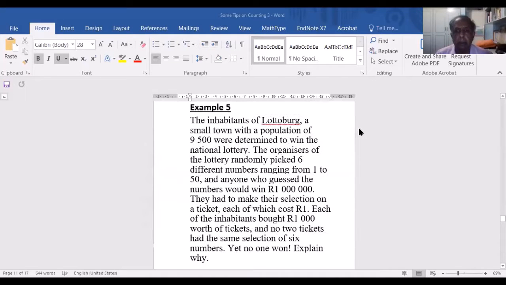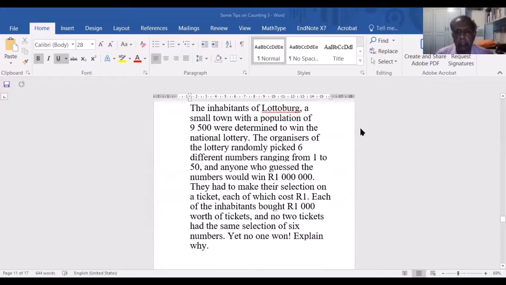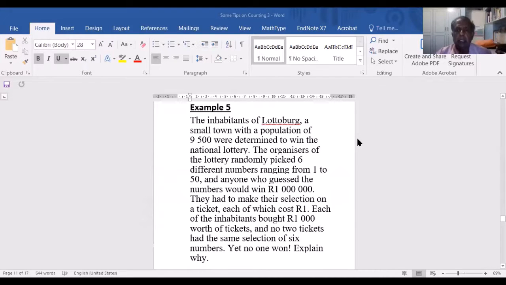So now the next one. Yeah, you got this problem here. The inhabitants of Lottoberg, a small town with a population of 9,500 people, were determined to win the national lottery. The organizers of the lottery randomly picked 6 different numbers ranging from 1 to 50.